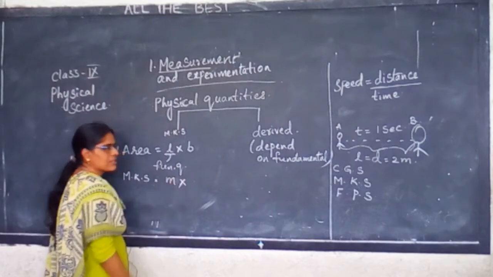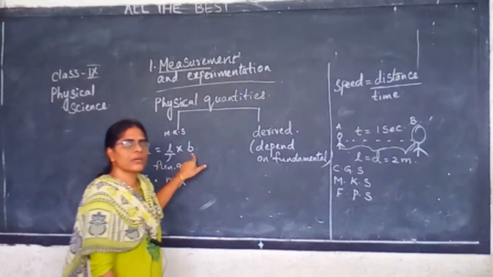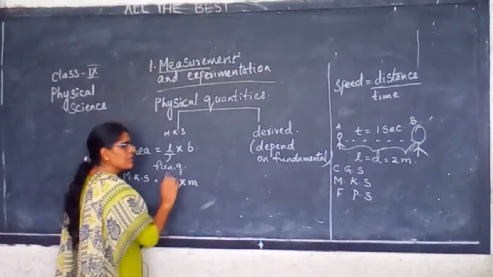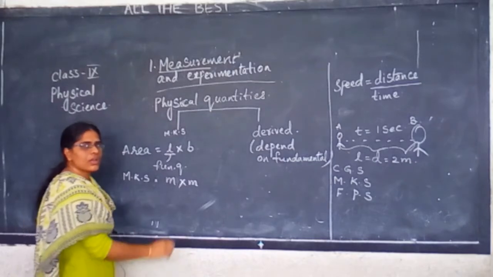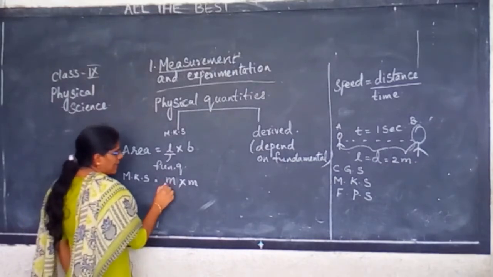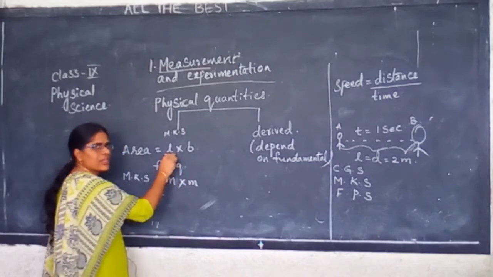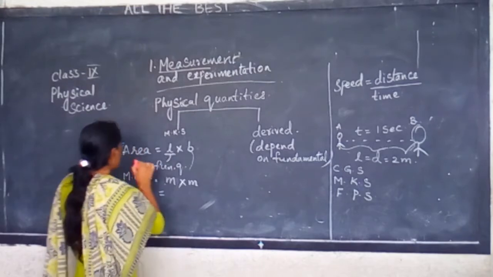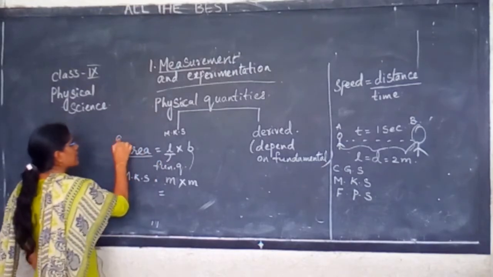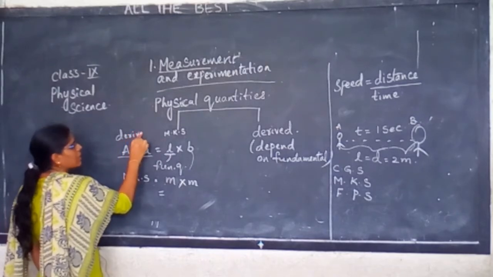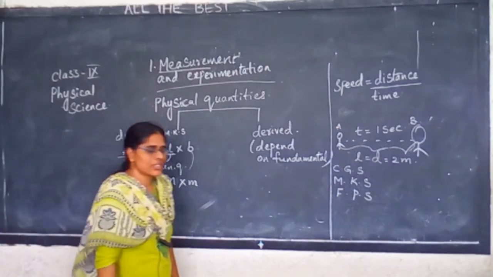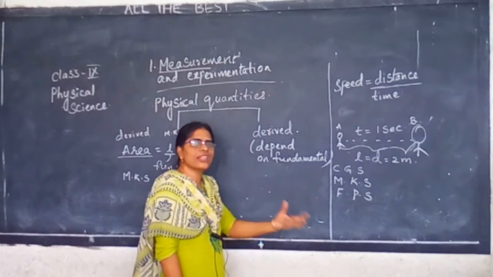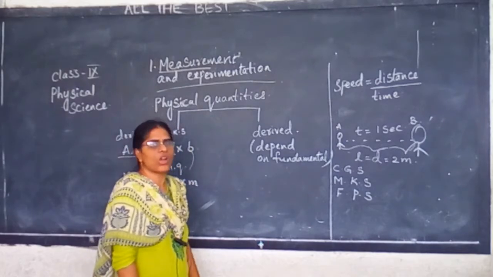Breadth, how do we measure? We will measure breadth again in meters. Okay. Now length into breadth. Length is a fundamental quantity. Breadth is also a fundamental quantity. Now can I say area is a derived quantity? Yes, we can say, because here area is depending upon length, which is your fundamental quantity. Okay.